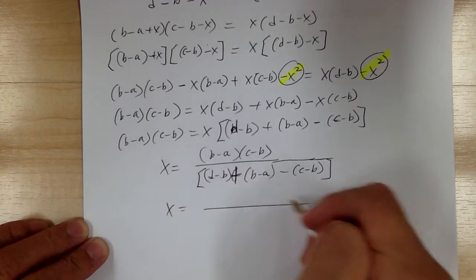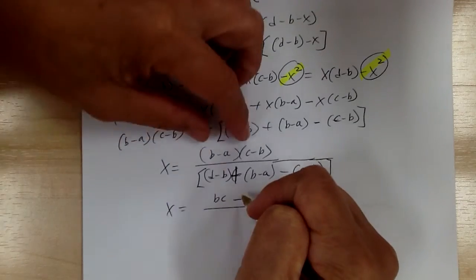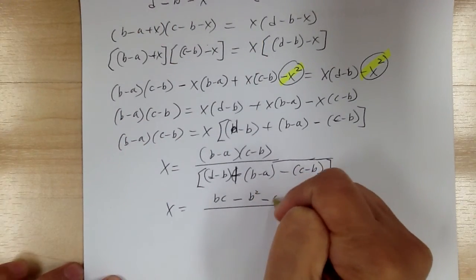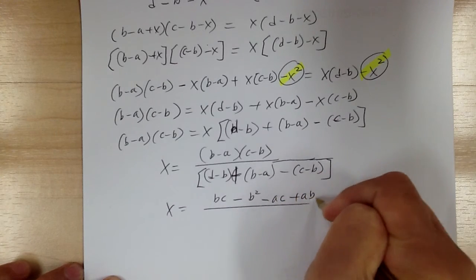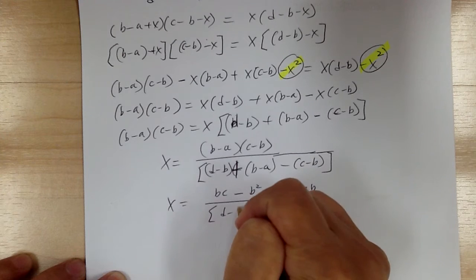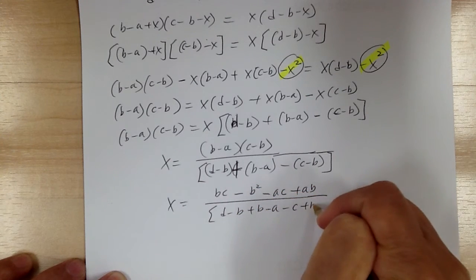So x equal to, use your FOIL method, so it'd be bc minus b squared, minus ac plus ab. On the bottom, I get d minus b plus b minus a minus c plus b.